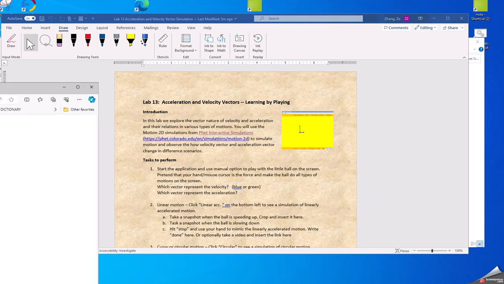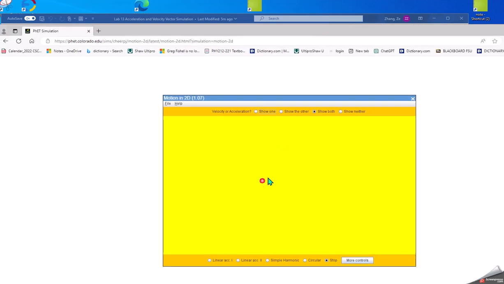Now let's look back again. So you see, velocity is where the object goes. Looks like the green arrow points to where it goes. But acceleration points to where the velocity changes. So both may be in the same direction. But you see, when it stops, the blue goes the other way.